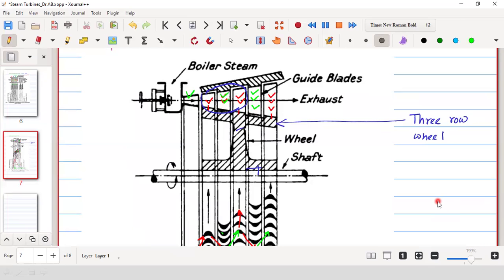So it is unnecessary. But the steam speed is so high that the velocity will either be converted to rotation, or it will exit as a loss. So what we do is break it into a number of stages so that it will rotate the blade and the torque will be generated, but in a number of stages, and also the speed will be reduced.